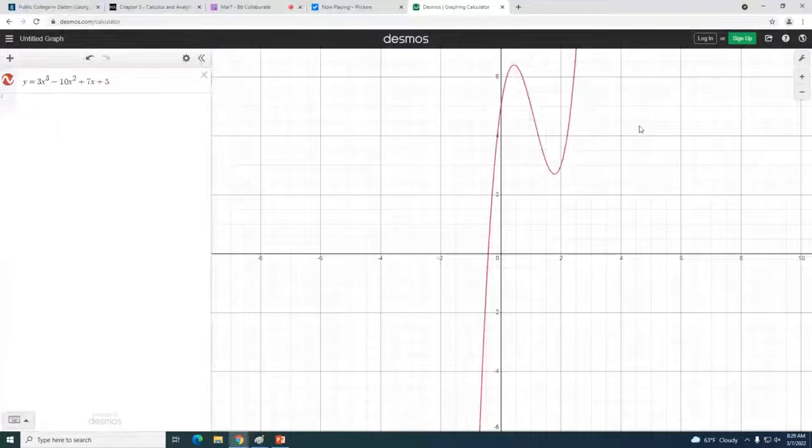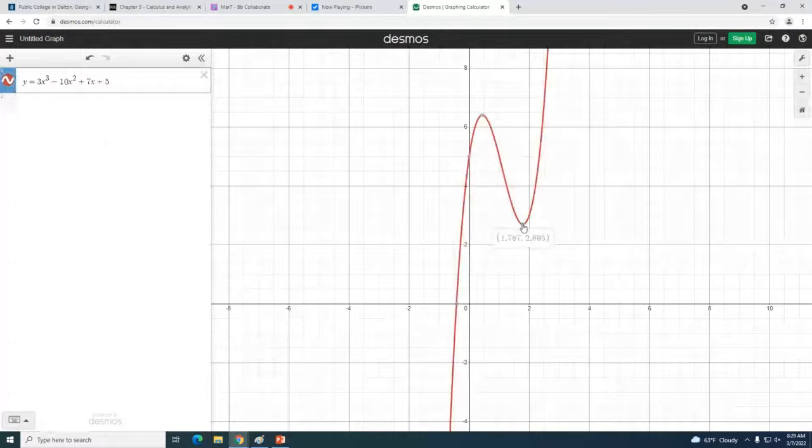A critical point is when the function stops increasing and starts decreasing, or stops decreasing and starts increasing. So those are the critical points.